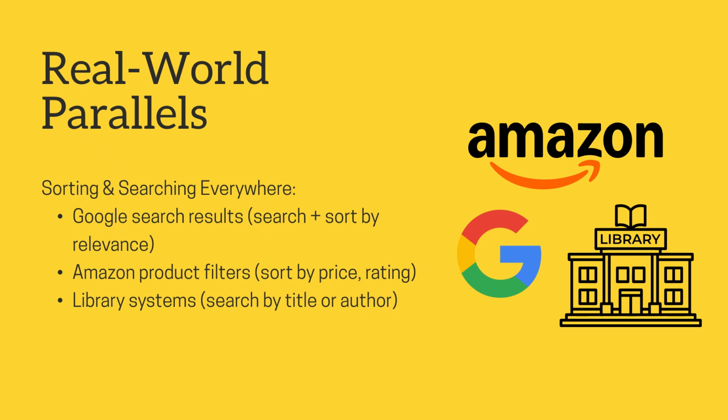Even your library's card catalog system searches for books and sorts them alphabetically or by subject. Now, these examples show just how critical these concepts that we've been talking about are to efficient system design.